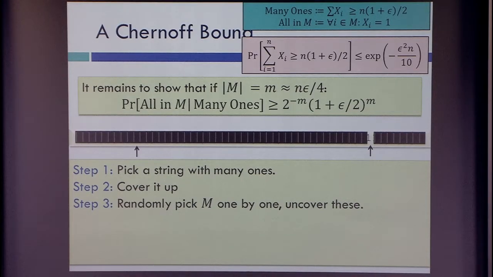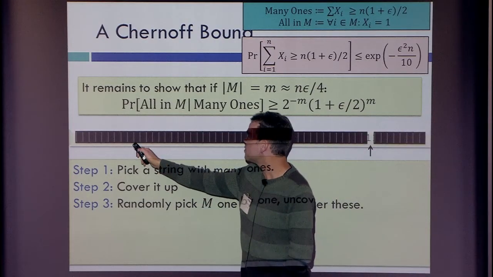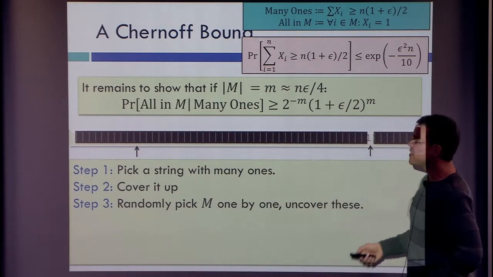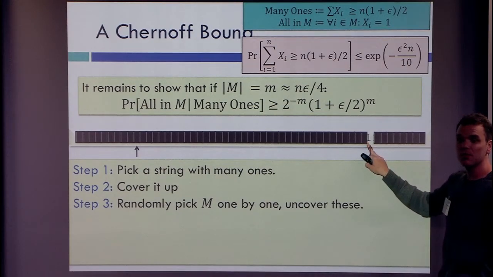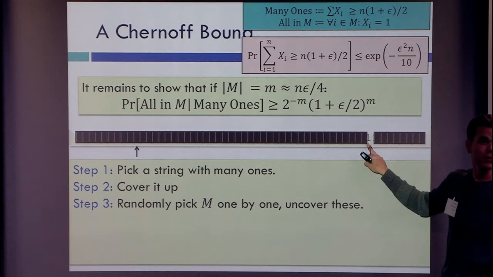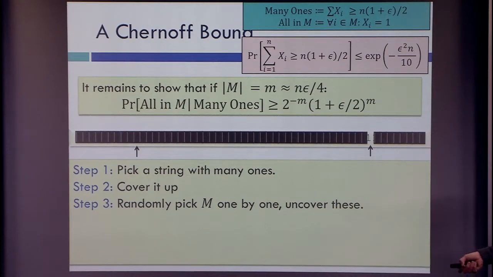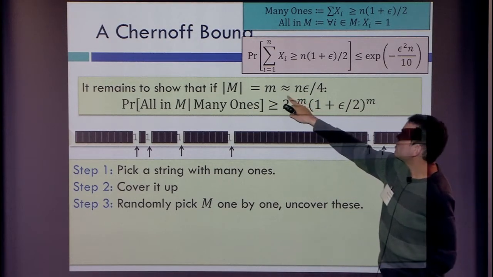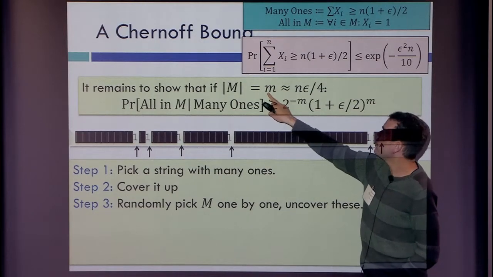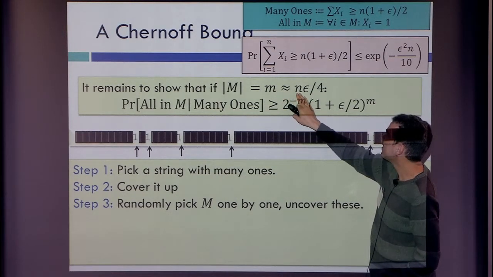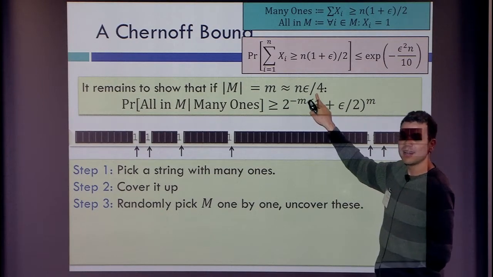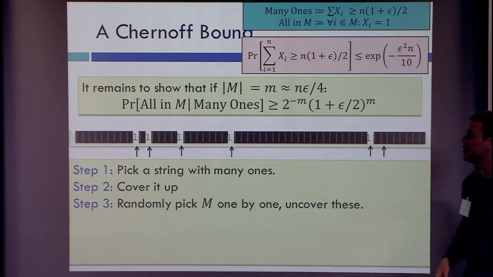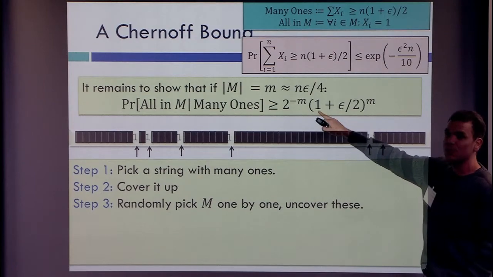Okay, so let's look at the next one. What's the probability this one is a 1? Well, it's a bit smaller than before, right? Because we already uncovered one of the 1s, but it's still pretty big. Right? So, okay, we go on, uncovering each time being lucky. And as long as we uncover only that many 1s, n times epsilon over 4, then the probability of getting a 1 in the next one is always going to be somewhat big.